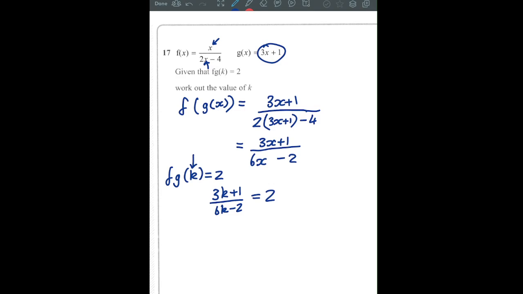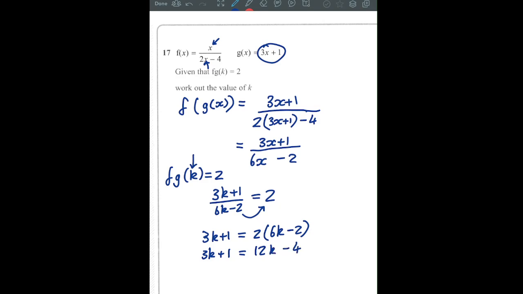And now I need to solve this equation. As with every equation, I ask myself, what do I hate? This is a fraction. I don't like that. So I'm going to multiply up by the denominator. So that's going to stay as a 3k plus 1. And I've multiplied up by the 6k minus 2. Let's expand out that bracket. I don't like brackets. If I can deal with brackets, I'll deal with them.